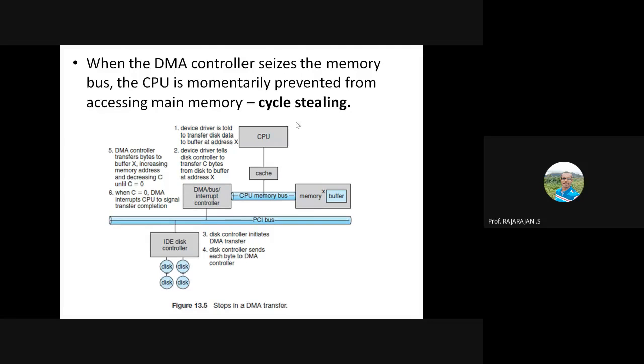For example, here there is a bus that connects the CPU with the memory, and the same bus connects the DMA with the memory. So when the DMA is using the memory for data transfer, it must be holding the bus also, and at that time the CPU cannot use the bus. So the CPU is denied bus access while the DMA is using it. That's called cycle stealing.